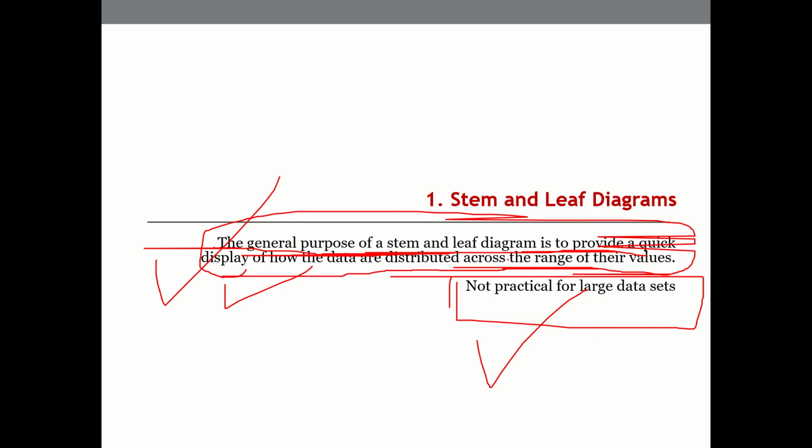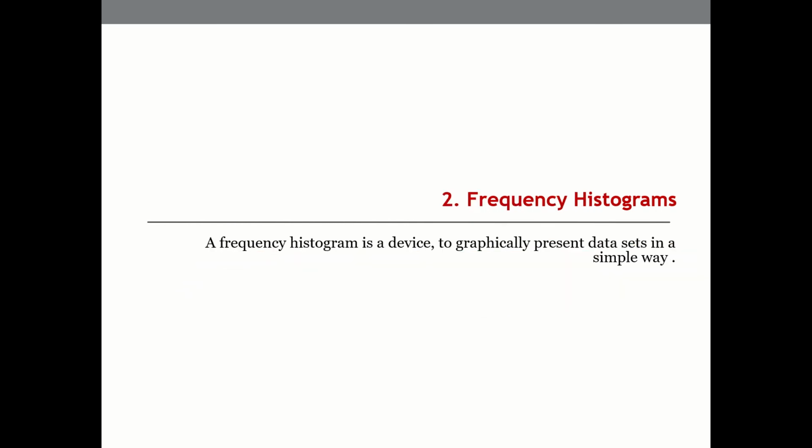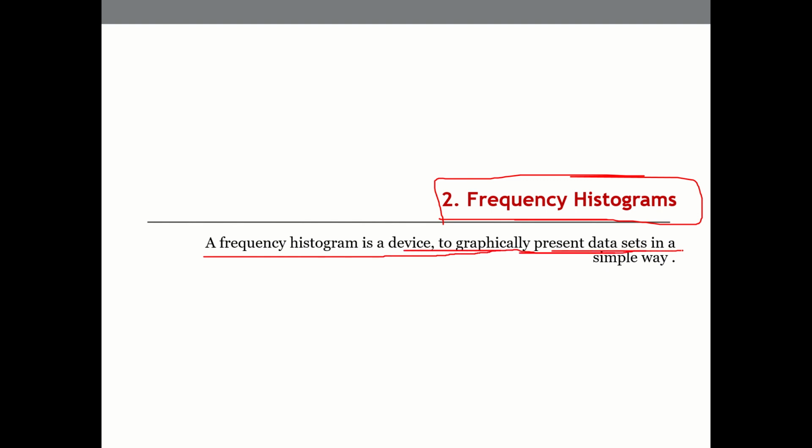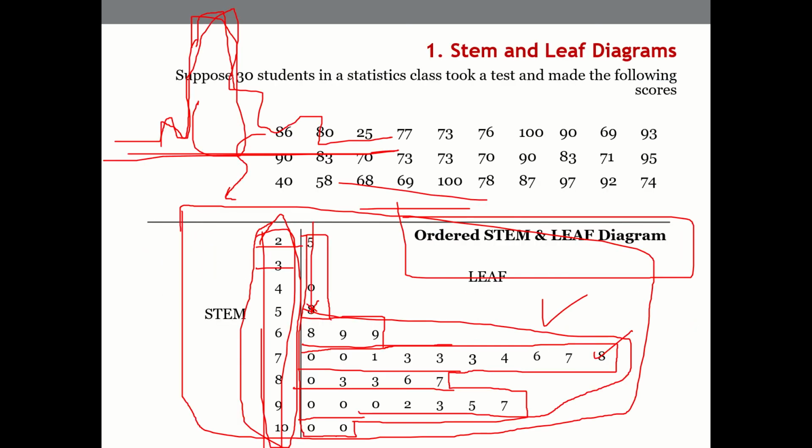The other way, similar to what we have seen now, is a frequency histogram. A frequency histogram is a device to present the data set graphically in a very simple manner. The same thing I was explaining, if I had converted this into graphics, the output could have been something like this.